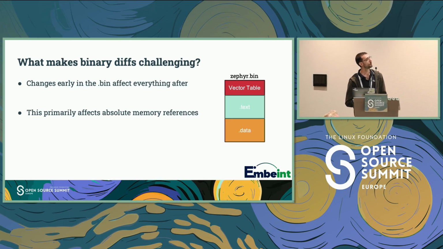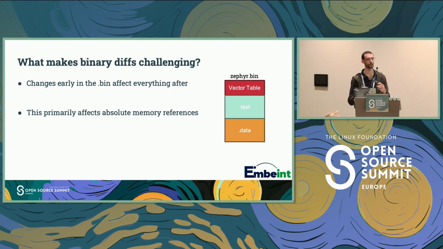So what makes it challenging? As we can see over on the right here, I've got a high-level view of what a binary might look like. Changes early in the file, so up here, affect everything further down. As a piece of memory at the start might expand, all these memory addresses of the rest of your file are also changing.